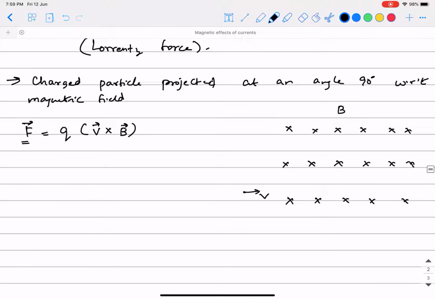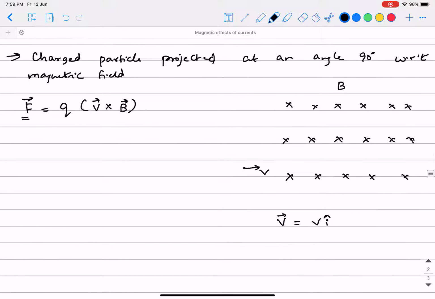If you observe here, the initial velocity vector, I call it v i cap, and if I call the magnetic field B, then it is in the direction of minus k cap. Then what is going to be the direction of the force vector? So F vector will be equal to, I am assuming the particle to be positively charged, q into the velocity vector v i cap cross the magnetic field B of minus k cap.